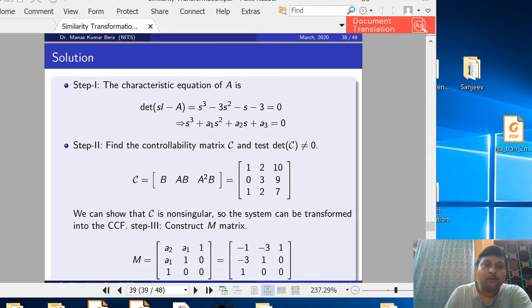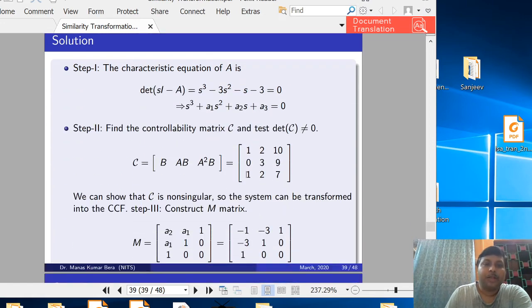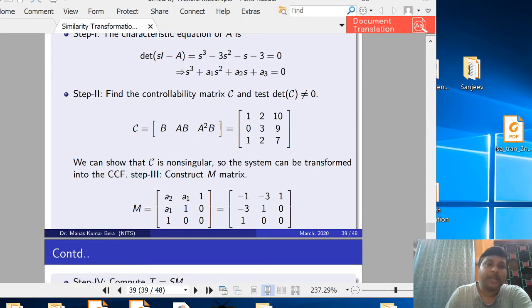Now whether the controller canonical form transformation is possible for this system, you can identify by checking the rank of C. You see the rank of C is 3 because it is a non-singular matrix, so the system can be transformed into controller canonical form. Now we can build the M matrix.